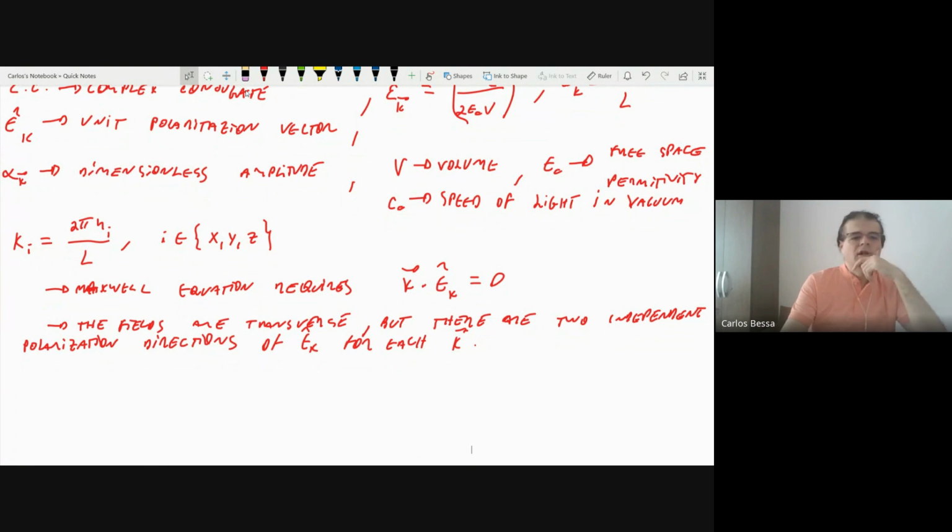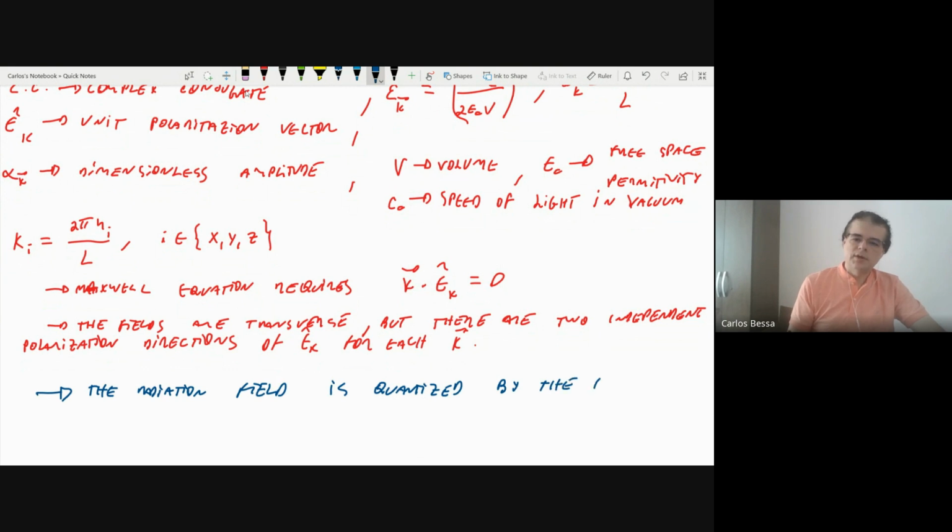The thing that we are really interested in here is that the radiation field is quantized by the identification.